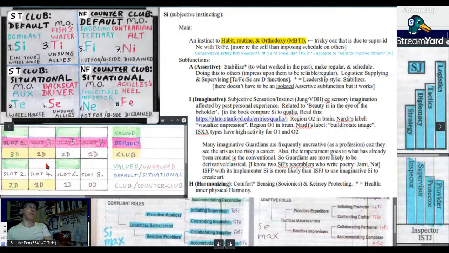So in terms of order of preference, it's club versus counter-club, valued versus unvalued, and default versus situational. But it's going to vary by certain people. But that's roughly the way the model is arranged.